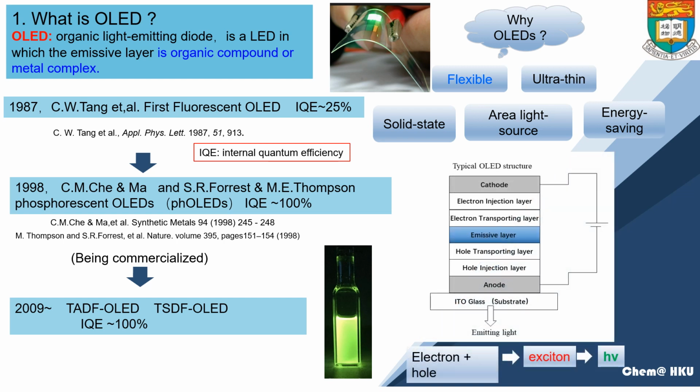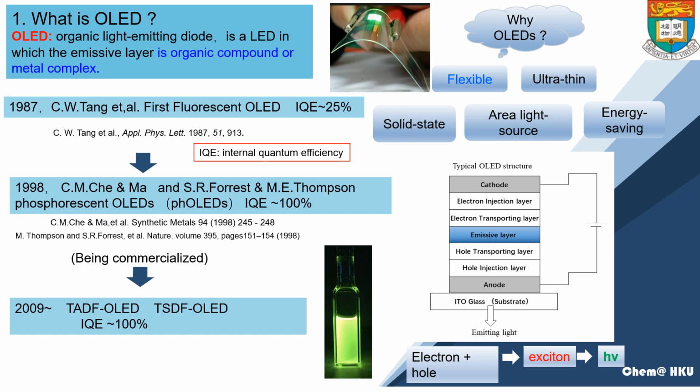Here I want to give you a general impression of the OLED device structure, as illustrated in this picture. In general, OLED has three basic layers. They are the anode, cathode, and emissive layer deposited on the ITO substrate.